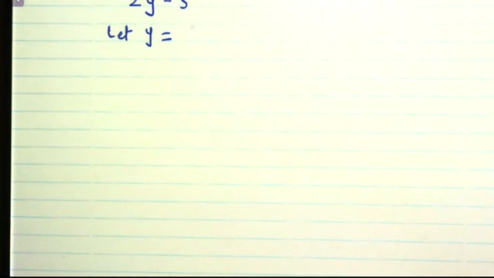Let y equal 5 upon 2, and one more value we shall take is y equal to minus 7 upon 3. We shall do the calculation one after another.